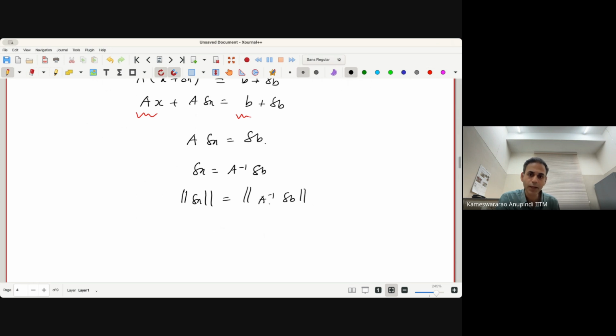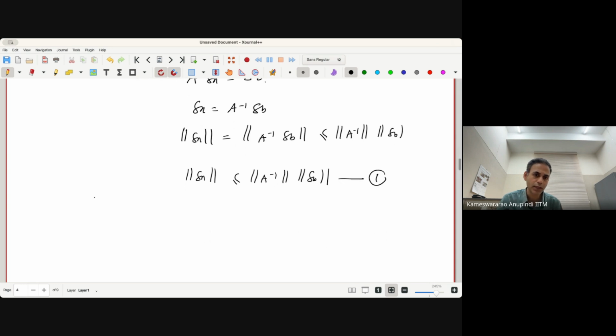But I know that the norm of A inverse times delta B is less than or equal to norm of A inverse times norm of delta B, right? That means norm of delta X is less than or equal to norm of A inverse times norm of delta B. Let me call it equation 1.